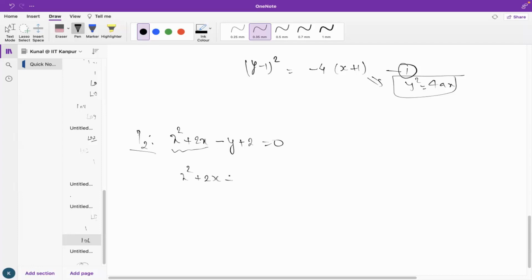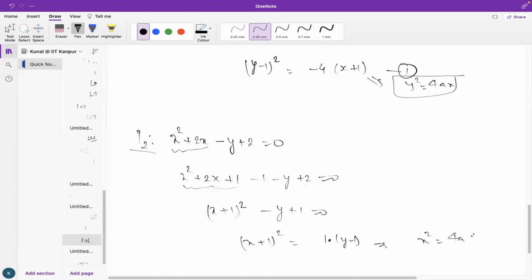So x square plus 2x plus 1 minus 1 minus y plus 2 is equal to 0. This term will make x plus 1 whole square, and this term will make minus 1 and 2 minus 1 will be plus 1, is equal to 0. So we will get x plus 1 whole square is equal to y minus 1, right? There will be 1 into y minus 1. And this equation is of the form x square is equal to 4ay.